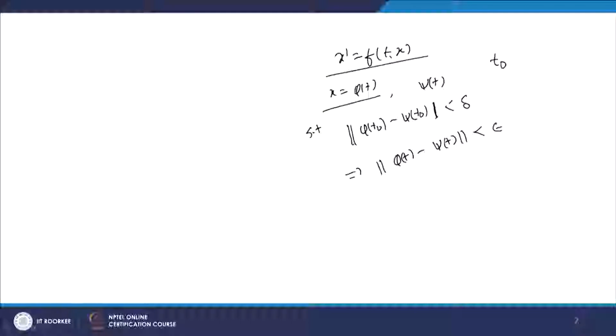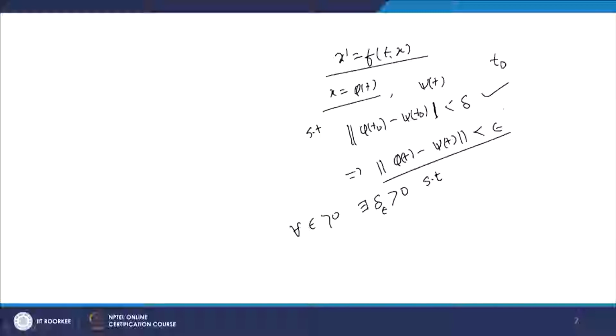So it means that for every epsilon greater than 0 there exists a delta greater than 0, depending on epsilon, such that the norm of phi(t) minus psi(t) is less than epsilon whenever the norm of phi(t naught) minus psi(t naught) is less than delta.